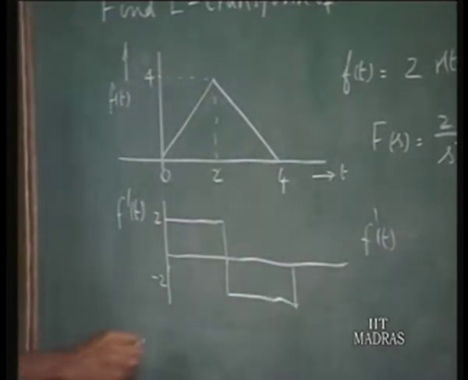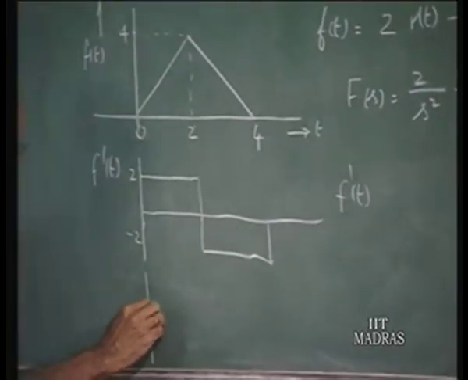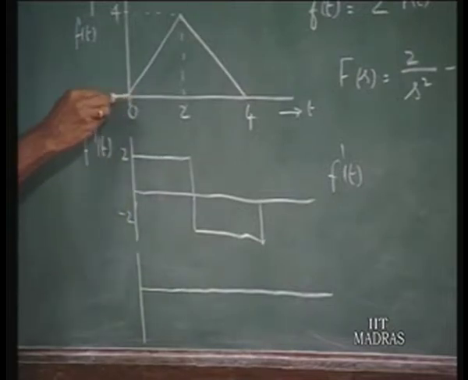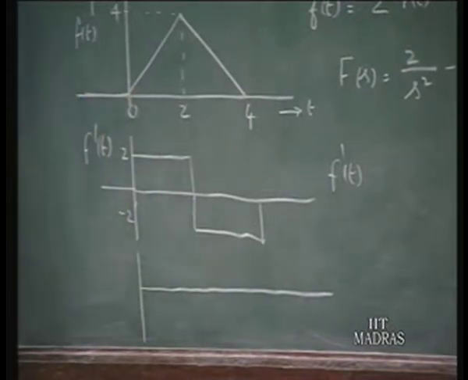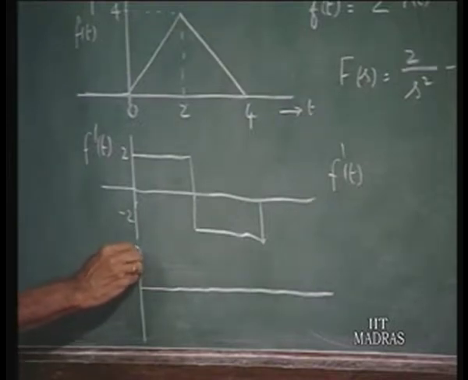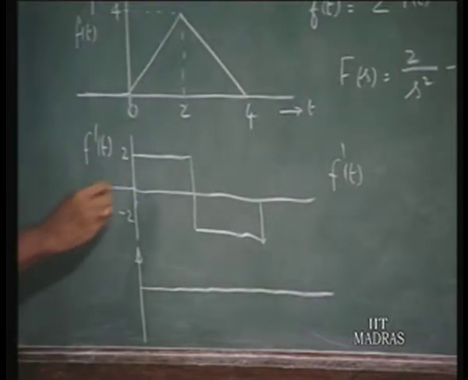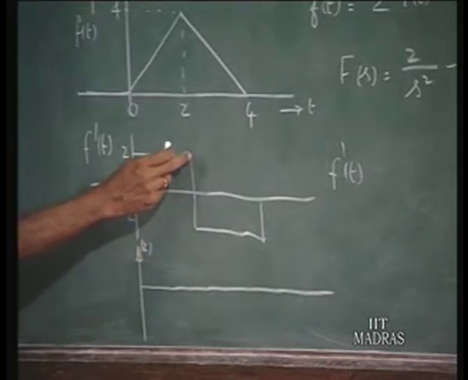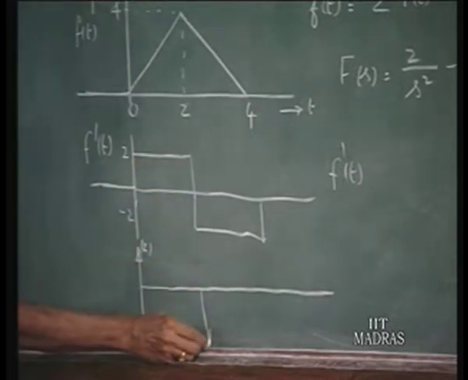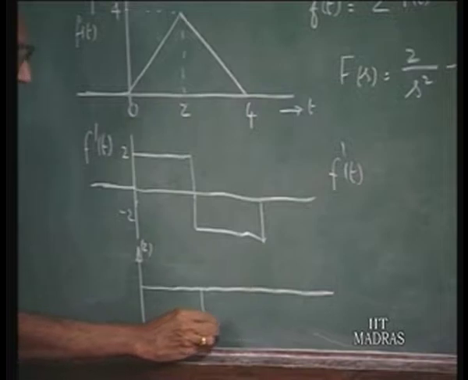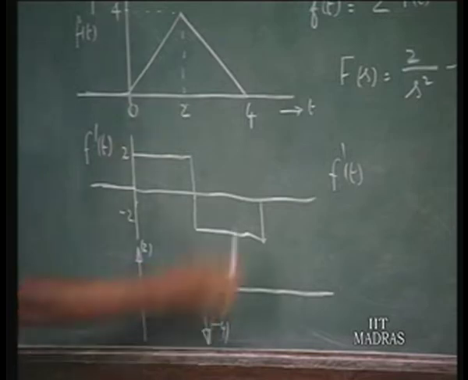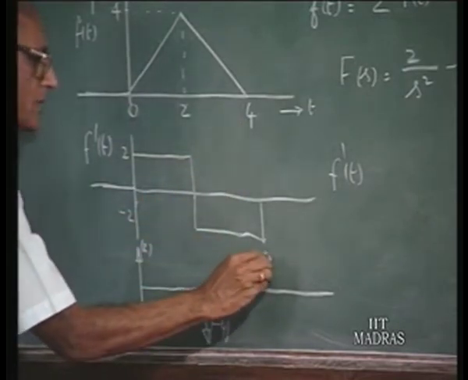Now, if I take the second derivative of this, once again taking the derivative of this, we are thinking of this as 0, therefore, this is also 0. Therefore, there is an impulse of 2 units here, 0 to 2, 2 units impulse, and at this point it jumps from plus 2 to minus 2. Therefore, there is a negative impulse of 4 units, therefore, minus 4 is the strength of the impulse. At this point again it climbs up by 2 units, therefore, this will be 2.